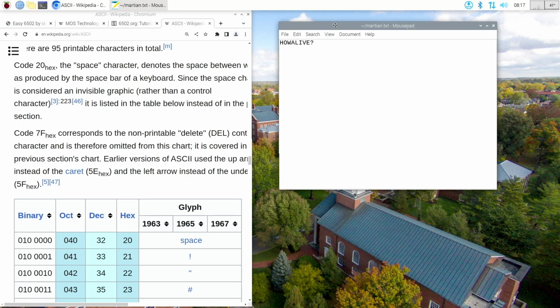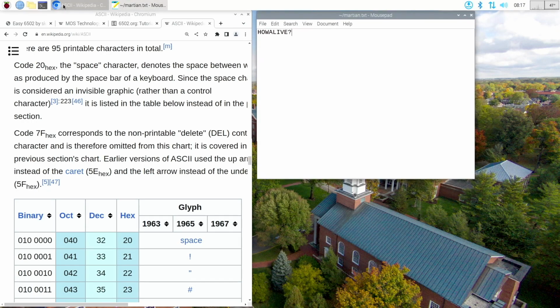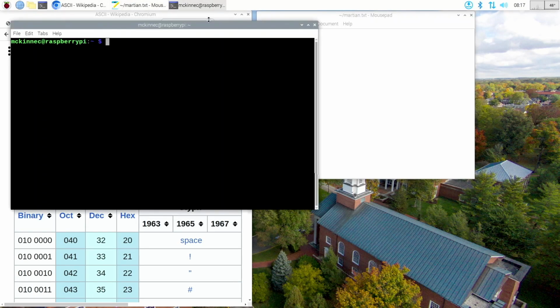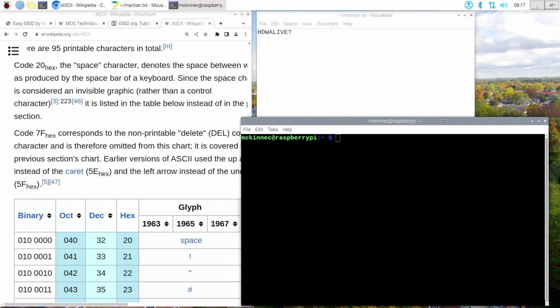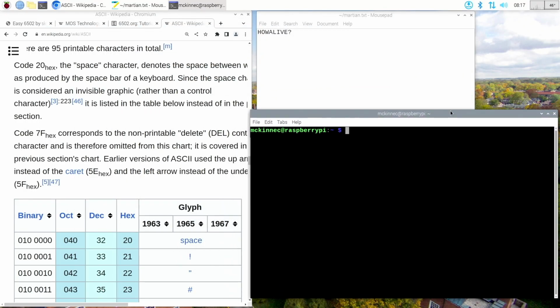Okay, so the message from the Martian was, "How alive?" question mark, right? Okay, and there we see I just typed it out, "How alive?"